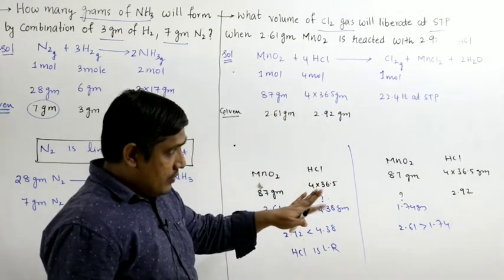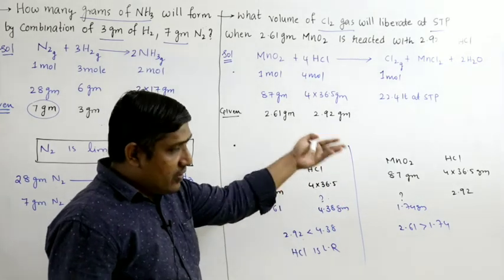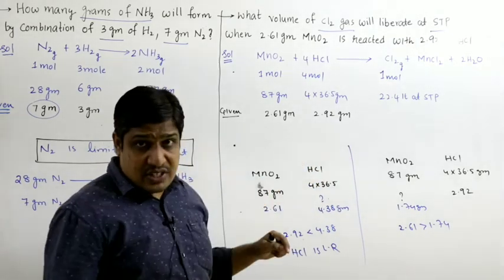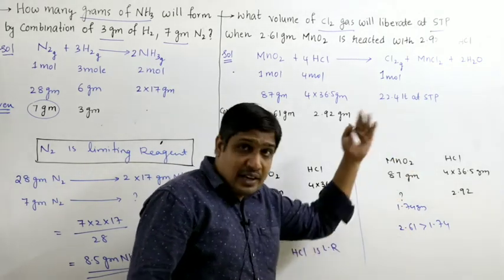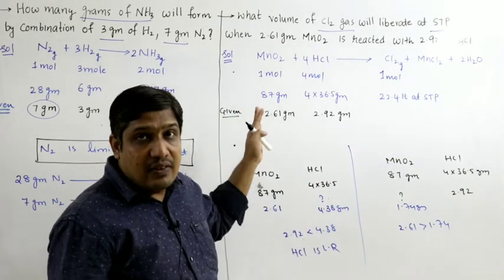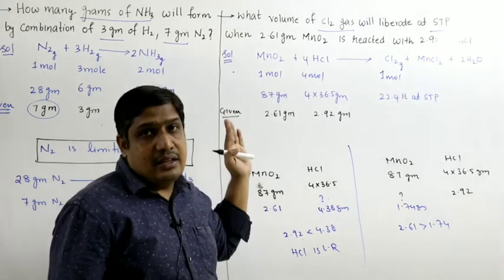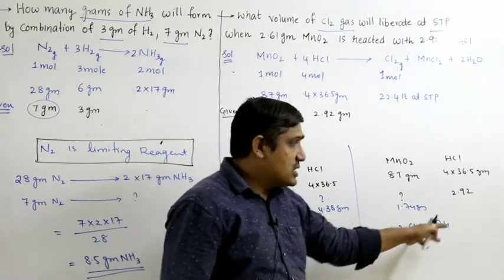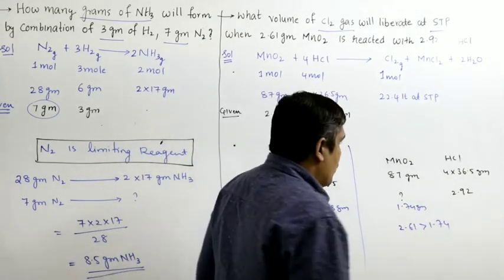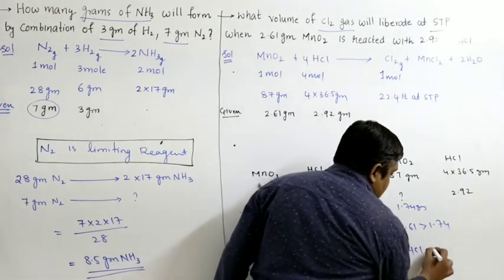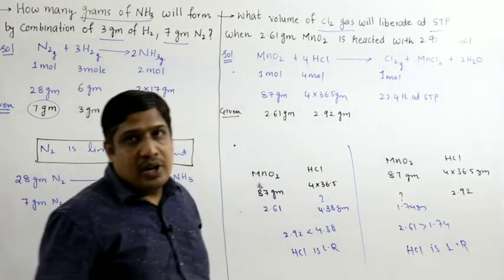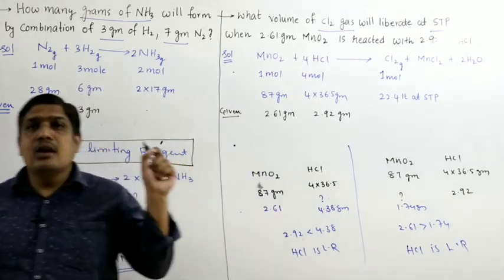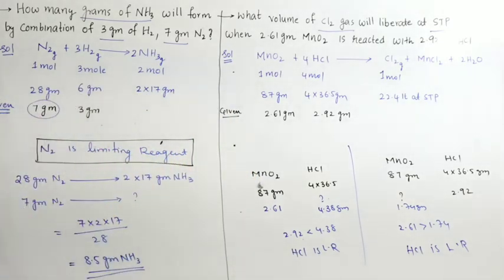So when 2.92 grams of HCl reacts, it will only combine with 1.74 out of 2.61. So even after complete consumption of HCl, there will be some unreacted MnO2. How much? 2.61 minus 1.74. Therefore, HCl is completely consumed before MnO2. Hence, HCl becomes the limiting reagent.